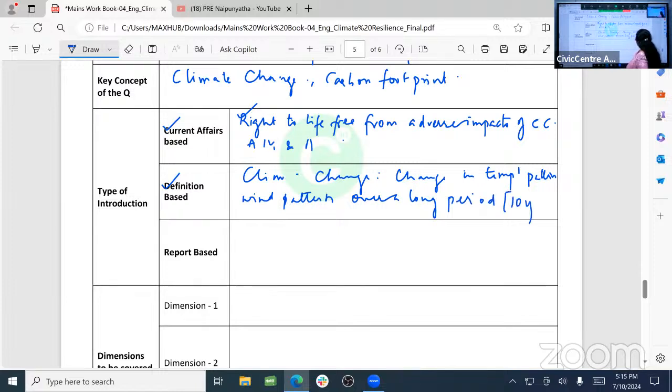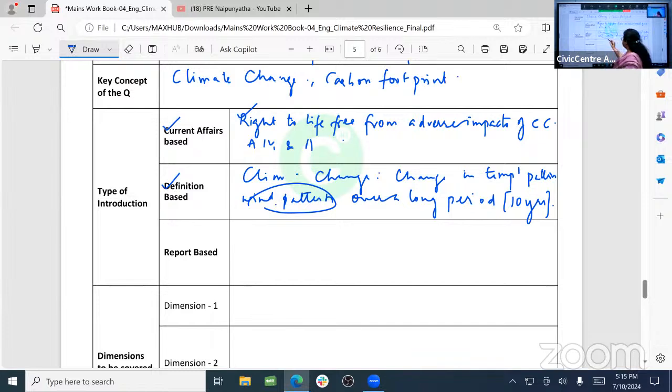So in 10 years, if you see that the temperature pattern has increased or decreased or changed a lot, and also if the wind patterns are changing, then you call it climate change. Now that is the definition. You can also write that as the introduction.